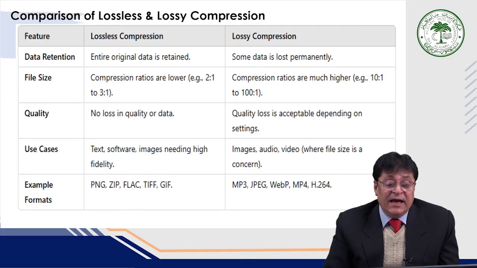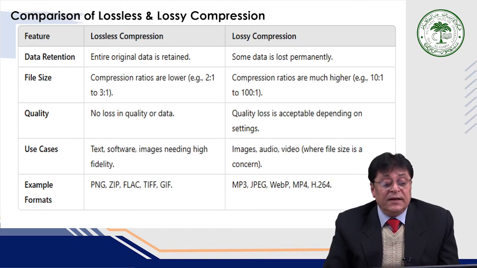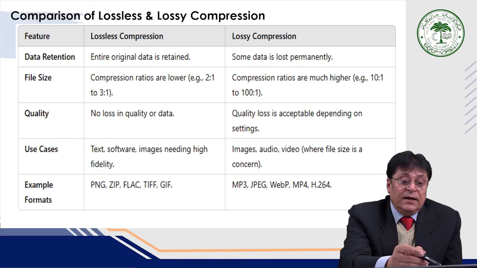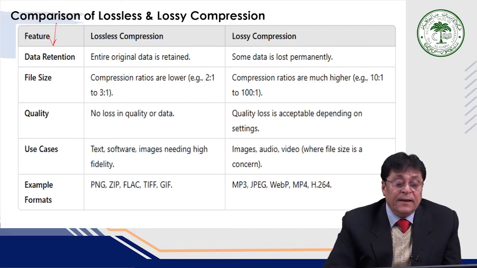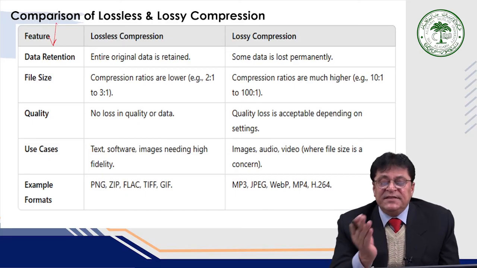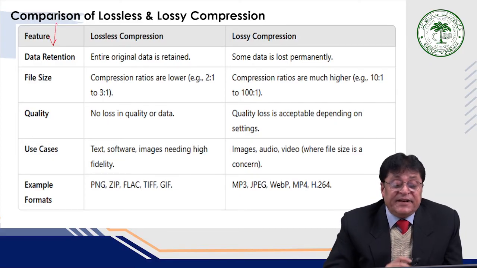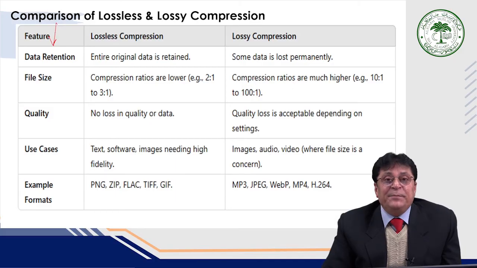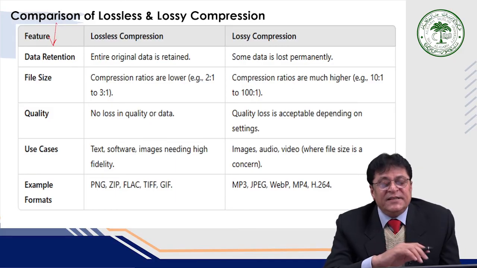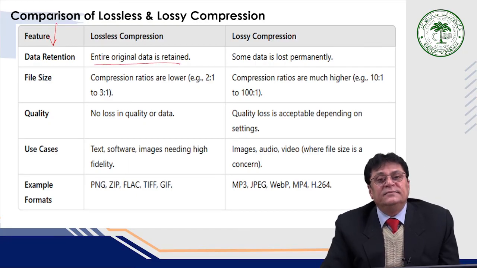Let us have a quick look at a comparison of lossy and lossless compression. This table contains the features, and we'll discuss each feature one by one, and see how lossless and lossy compression compare in terms of these features. Data retention: in case of lossless compression, when it is decompressed, the entire original data is retained.